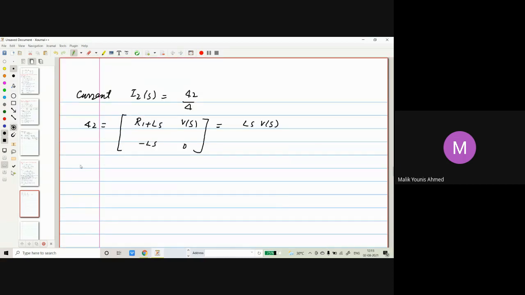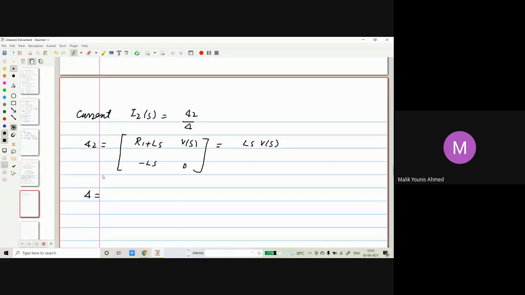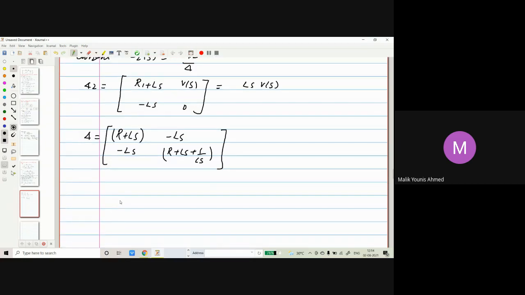Now let's find the value of delta. Delta we already know. Delta is what? Delta is R1 plus LS, minus LS, minus LS, R2 plus LS plus 1 by C of S. So that's delta. Now let's multiply this.